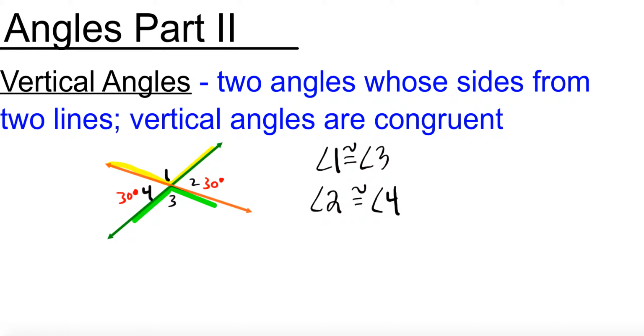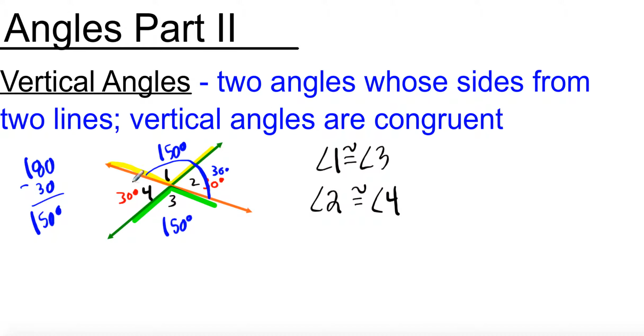But what you may not see right away is angles 1 and 2. Those are supplementary because of that straight angle. So 180 minus 30 makes angle 1 150 degrees. And since angle 1 and 3 are vertical, angle 3 is also 150.